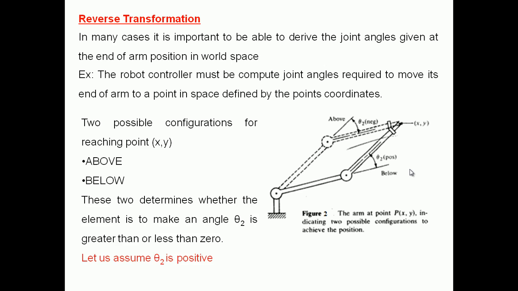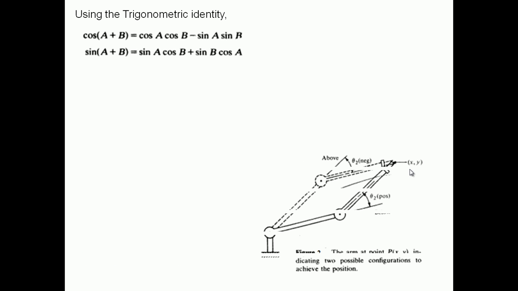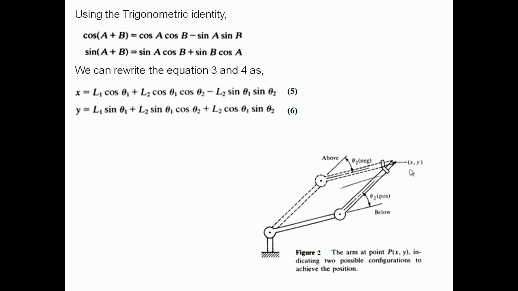I am writing these two equations with respect to the above trigonometric relations. So x is equal to L1 cos theta 1 plus L2 cos theta 1 cos theta 2 minus L2 sin theta 1 sin theta 2. Similarly, y is equal to L1 sin theta 1 plus L2 sin theta 1 cos theta 2 plus L2 cos theta 1 sin theta 2.